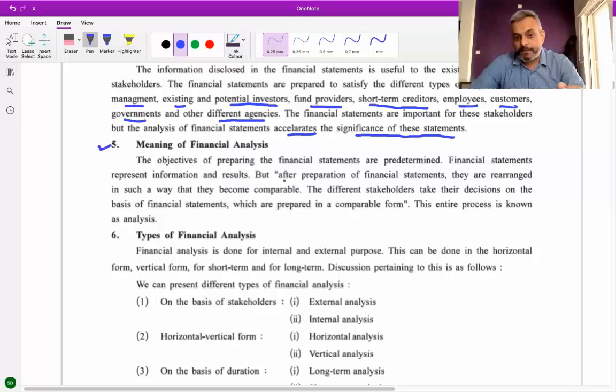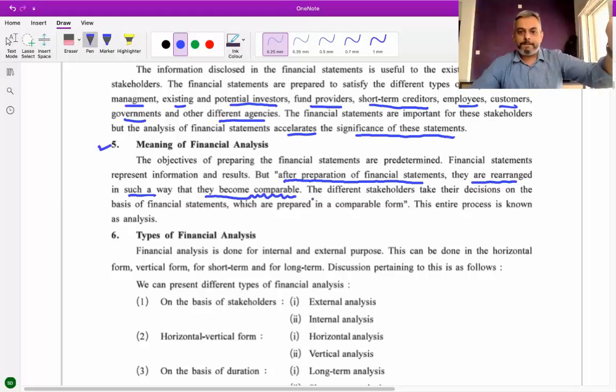But after preparation, they are rearranged in such a way that they become comparable. Because if I do not compare, how would I know how the company is performing? So different stakeholders take their decisions on the basis of financial statements, which are prepared in comparable form.